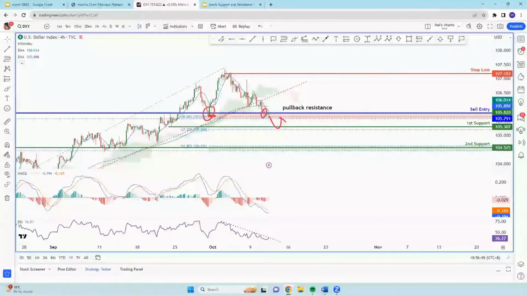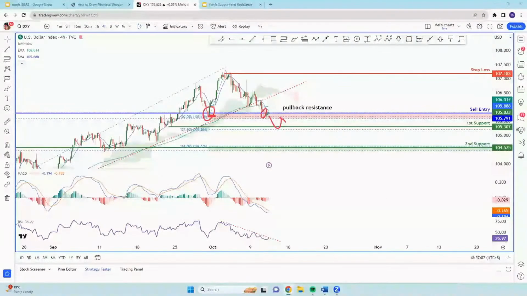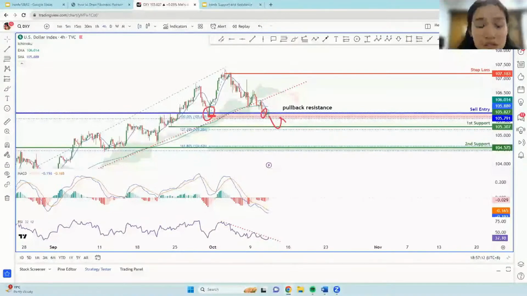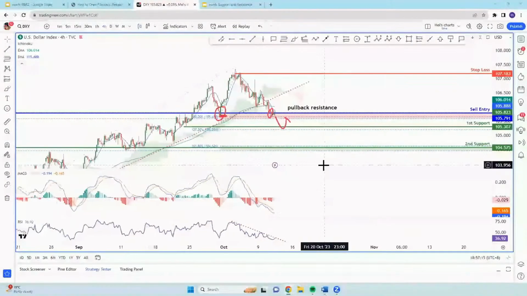So how did you come about selling this chart? How do you figure out the market is going downward?